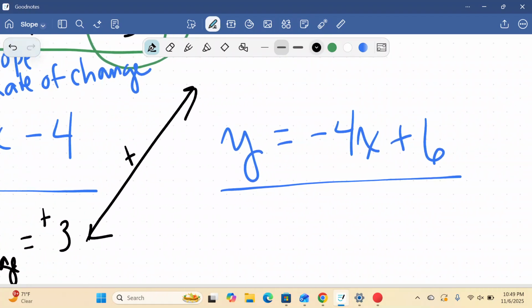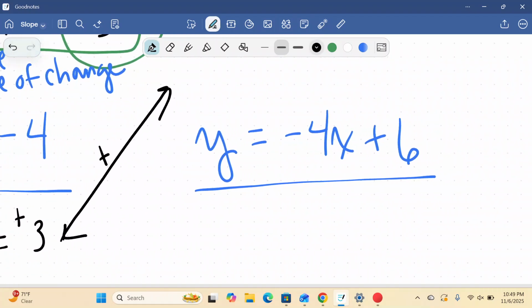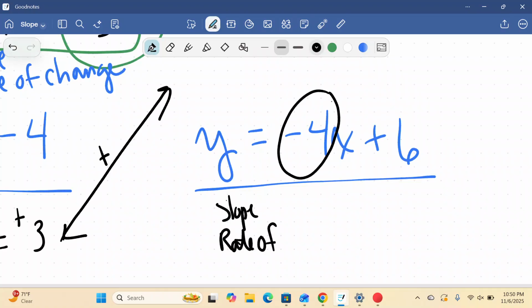Now we look at this format and we are looking at y equals negative 4x plus 6. We know our slope here is a negative slope, and we have the slope or rate of change equal to negative 4.